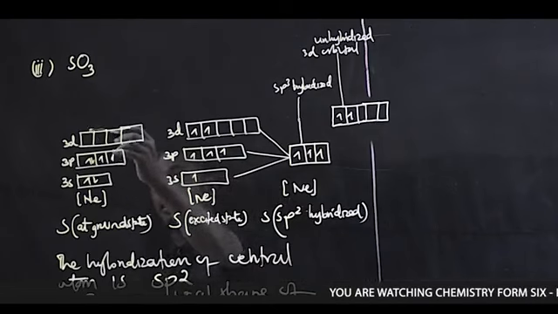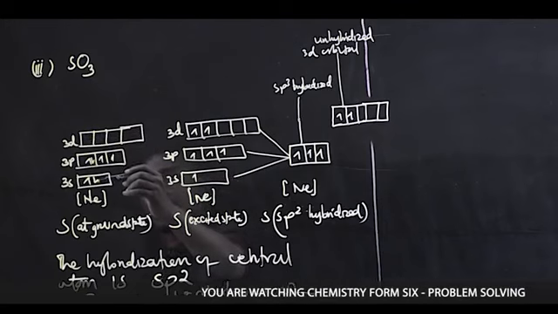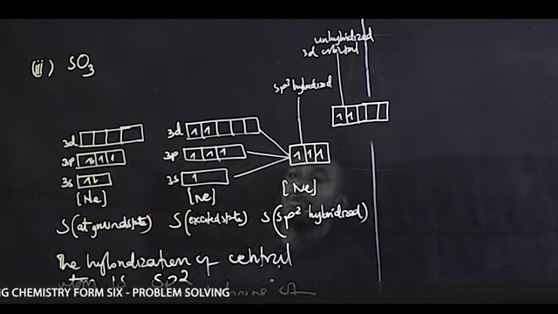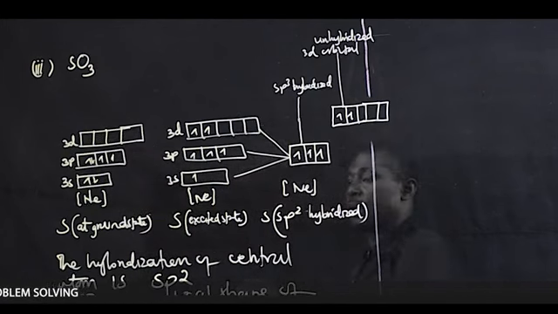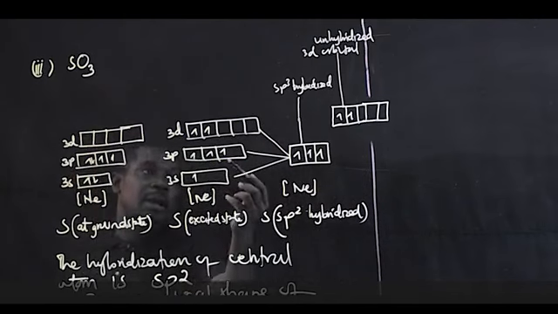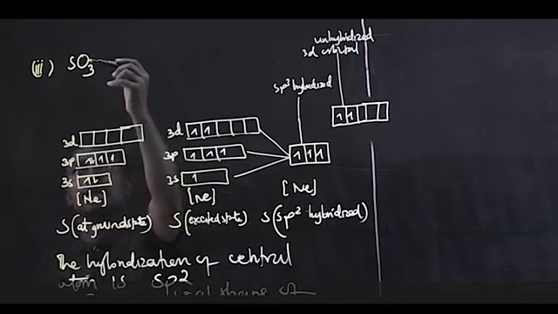One electron from 3p to the vacant orbital d, and another electron from 3s to 3d, which results in sulfur having 6 unpaired electrons. Once sulfur combines with oxygen, sulfur has 6 unpaired electrons and oxygen has 2 unpaired electrons.